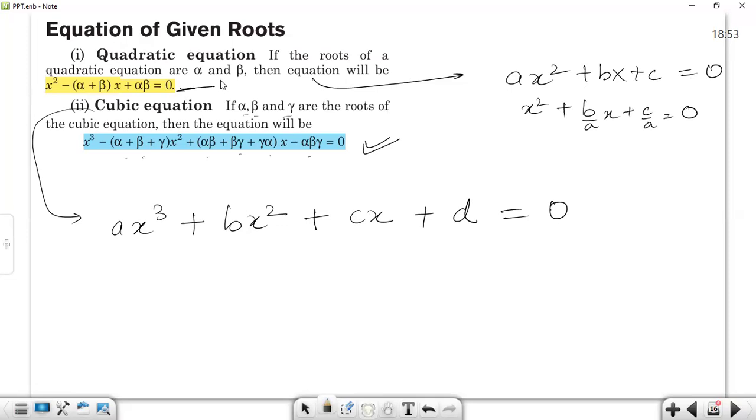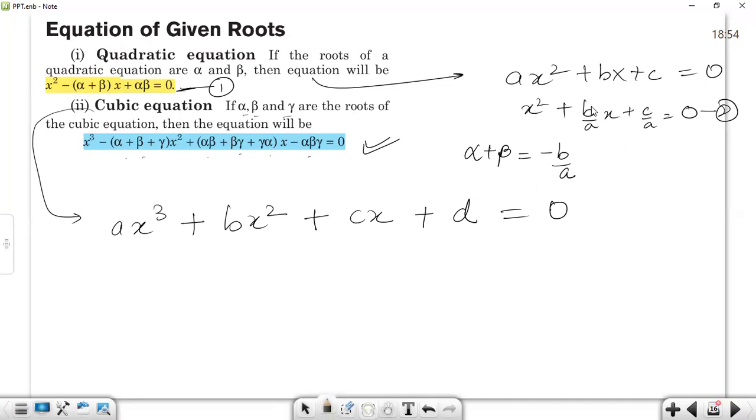Now if we compare equation number 1 and equation number 2, basically minus of alpha plus beta is b by a. So we can write alpha plus beta is equal to minus b by a, correct? Yes, sir.